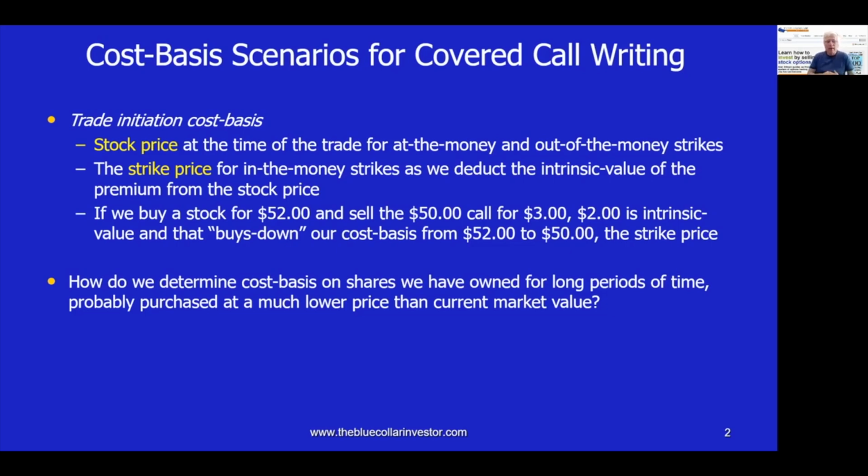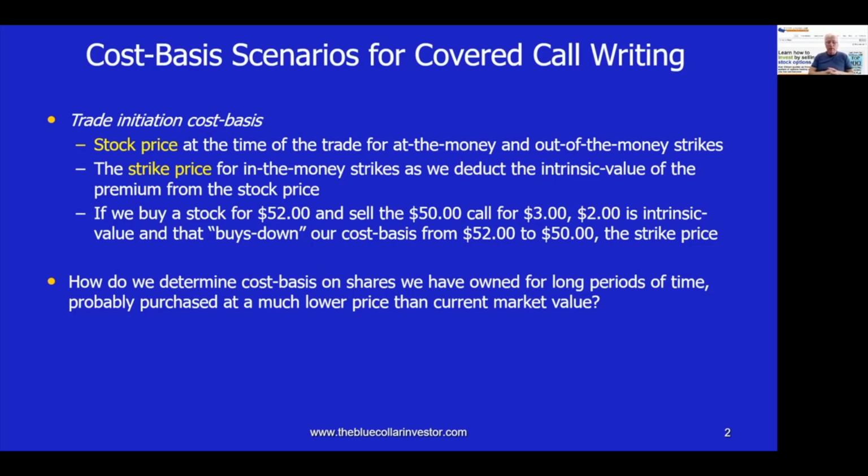And the reason for that is that when we're calculating our initial time value returns, we deduct the intrinsic value from the premium. So if we're not using it in determining what our initial profit is, yet we still receive it, we then have to use it to buy down our cost basis. So if we buy a stock for $52, for example, and sell the $50 in the money call option for $3, of that $3, $2 is intrinsic value.